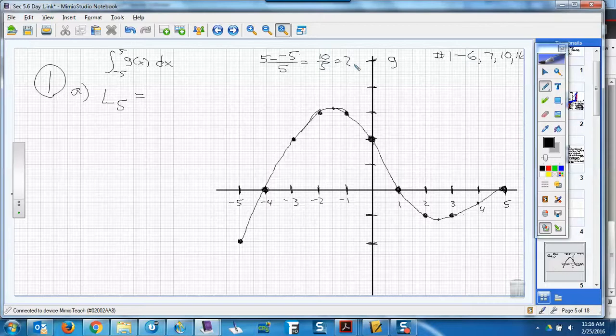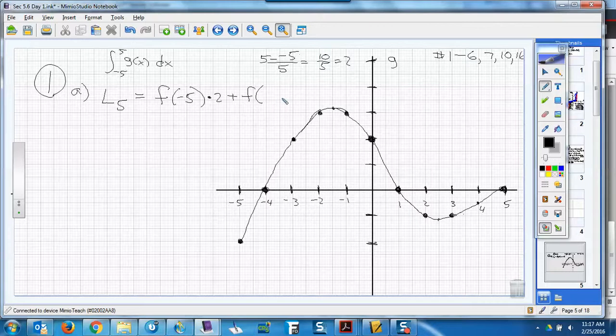But it's good to understand it's b minus a, the total width, divided by how many subintervals. So each one's going to be 2 wide. So I'm going to do left rectangles. So where's my first left edge? At -5. So my height will be F of -5 times 2 plus F of, where's my next one?